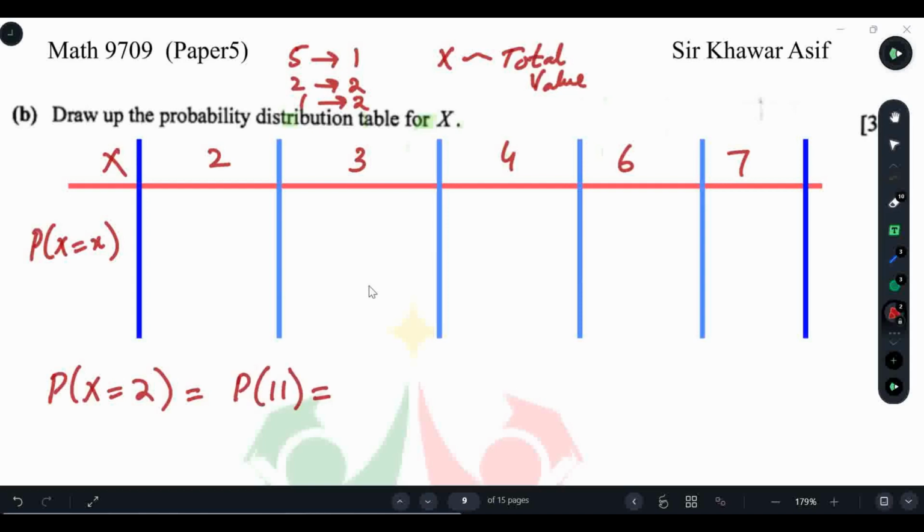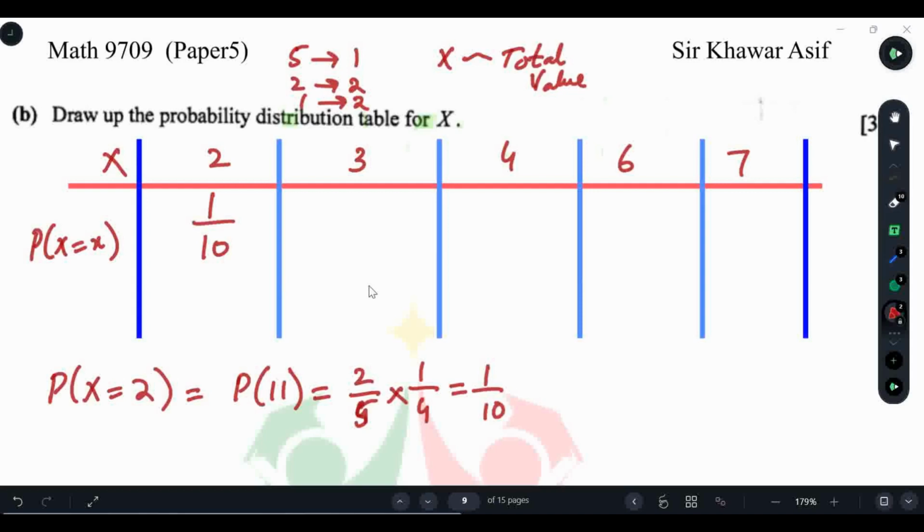This will be 2 by 5 for the first one, multiplied by 1 by 4 for the second one, and if we simplify it, this will be equal to 1 by 10. So let me write it over here, 1 by 10.